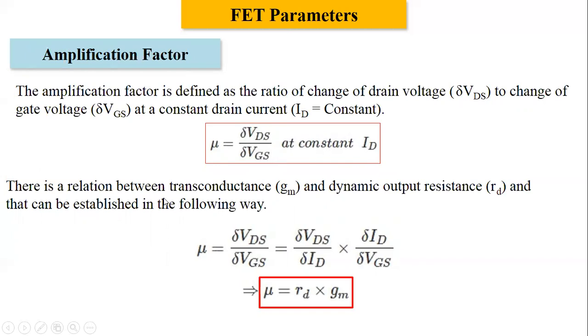We can write this as del VDS upon del ID into del ID upon del VGS. We have del VDS upon del ID as RD, and del ID upon del VGS as GM. So the amplification factor mu equals RD into GM.